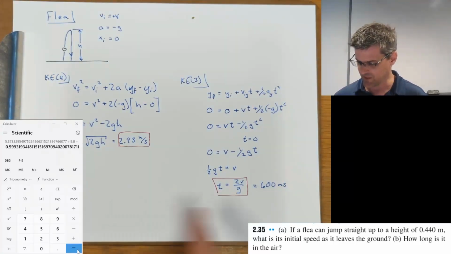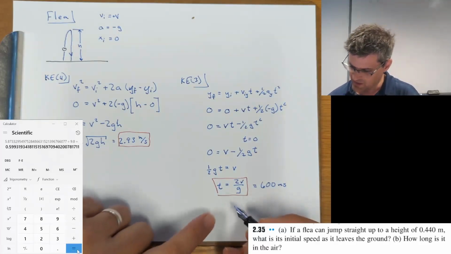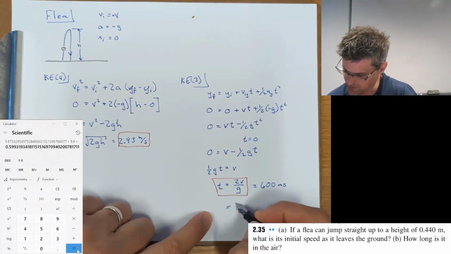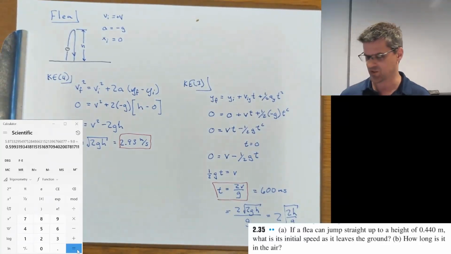That's one way to look at it, but here we've already got this v sort of coded already. If we wanted to, we could have had 2 times the square root of 2gh over g. Another way of writing this would have been 2 times the square root of 2h over g.